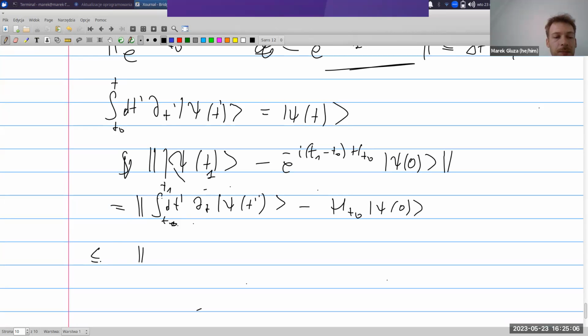And then I can upper bound this by taking out the integral from t0 until t1.